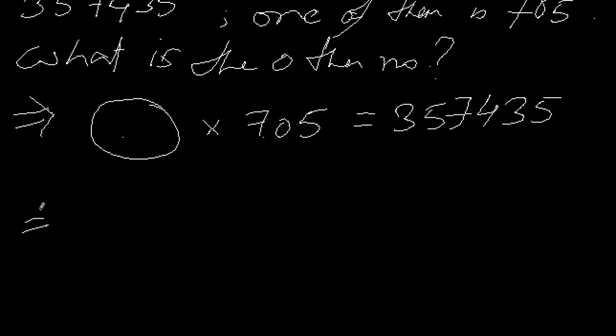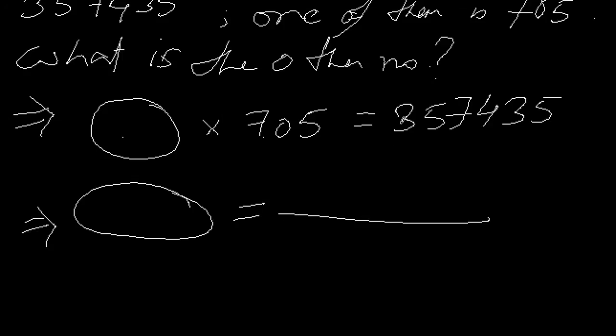Now in that case, when we have an unknown here, this unknown number, which I have to find out, will be equal to what we have on the other side, in the right hand side of the equal to sign: 357435 divided by this 705. It will come down in the denominator on the other side of the equal to sign.